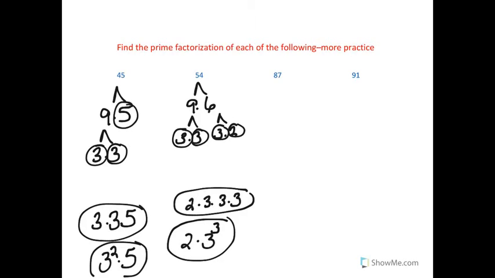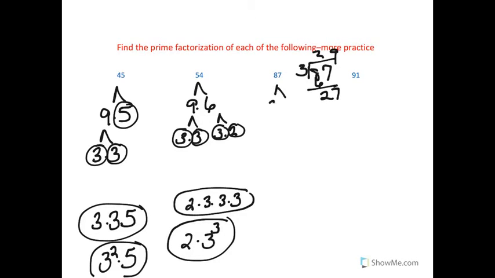87, not even. Doesn't end in a 5 or a 0. Let me try adding up 7 and 8. Oh, I get 15. That means 3 goes in. Doesn't tell me how many times, I just know it goes in. So you might have to do some little arithmetic over here to the side, some long division. Let's see, 3 is going to go in twice. Oh, 9.